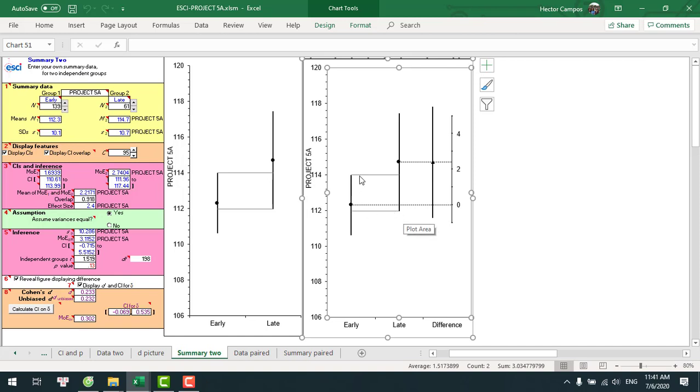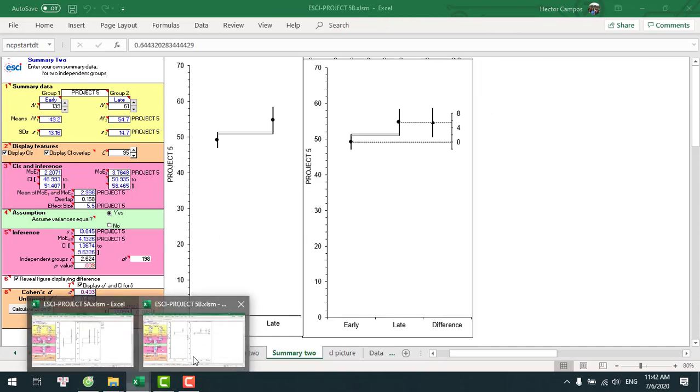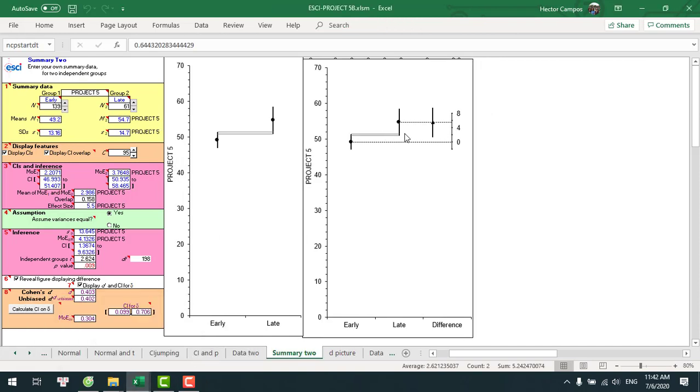So if we have a great amount of overlap, and we go through 0, then we do not reject the null hypothesis. Yes 0, yes H0. So we accept the null hypothesis. Lot of overlap, and we go through 0, we accept the null hypothesis. Then in the other case, when we have little overlap and we do not go through 0, no H0, then we reject the null hypothesis.